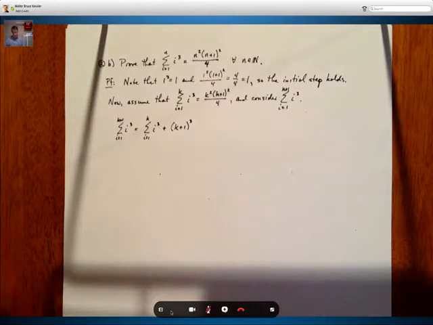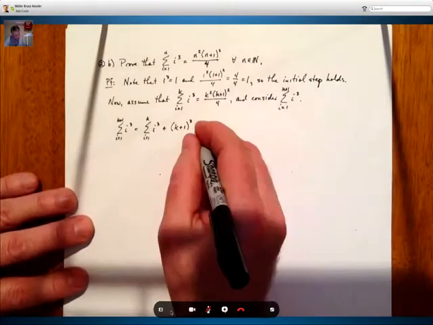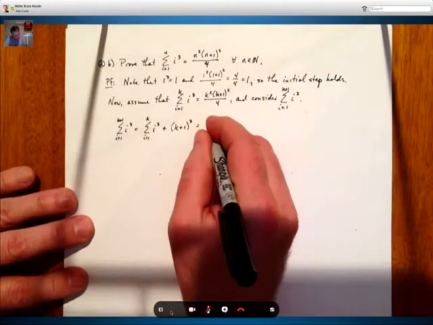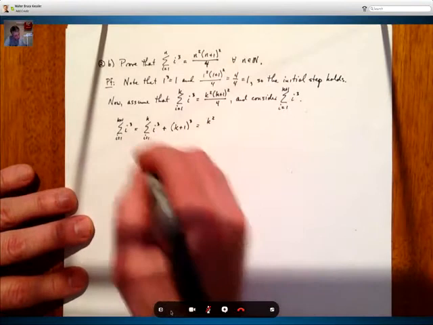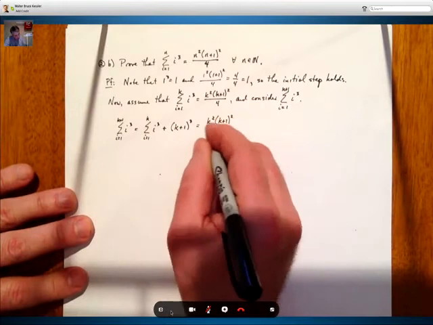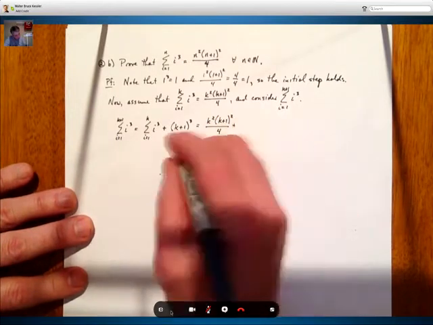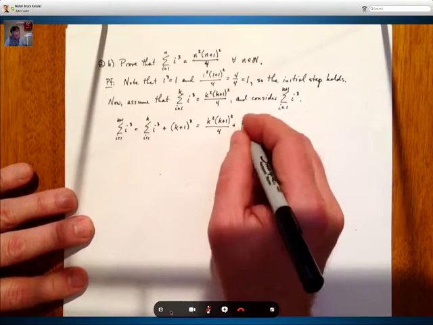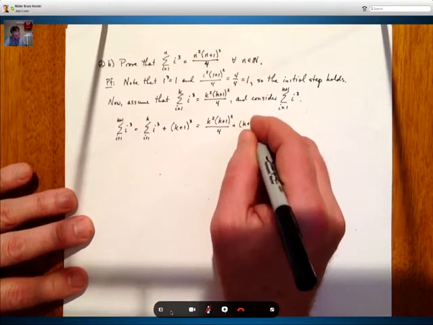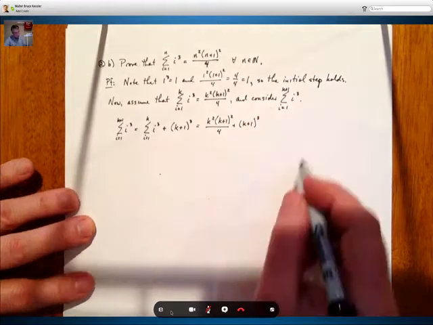Now we know a little bit about that first term, right? That's our assumption. So this part right here would be k squared, k plus 1 quantity squared over 4, and then plus k plus 1 cubed.